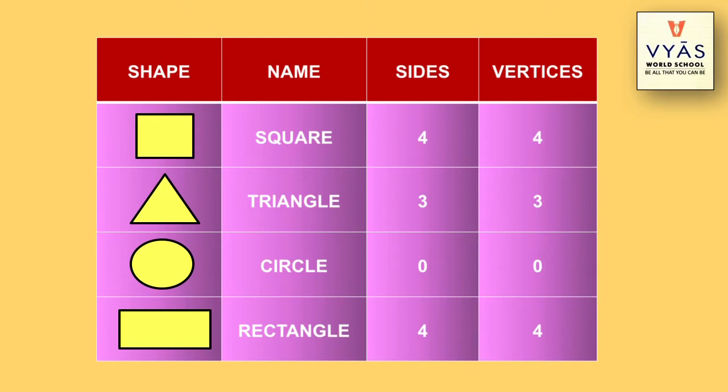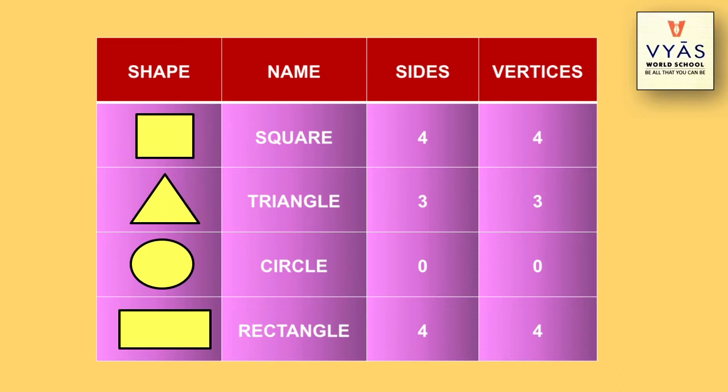Now the next 2D figure that we are going to talk about is a triangle. A triangle has 3 sides and 3 vertices. Next is a circle. A circle is also a plane figure. It is also a 2D shape, but it does not have any vertices, neither does it have any side.